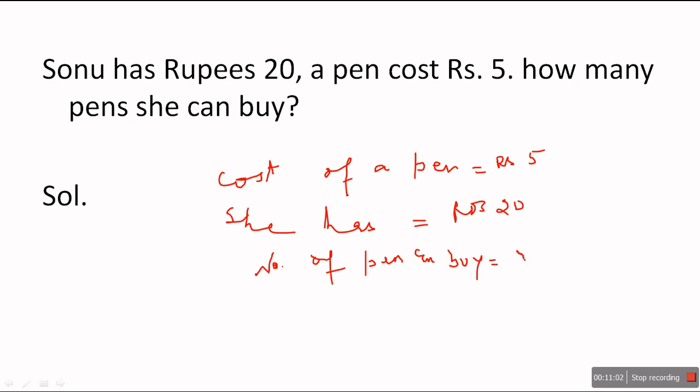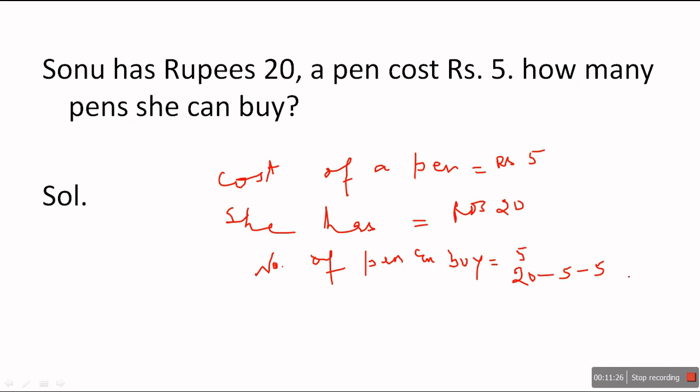If she buys one pen, that costs 5. Okay, so 20 minus 5, that is one pen. 20 minus 5, 15. If she can buy one more pen, so 20 minus 10, that is 10.